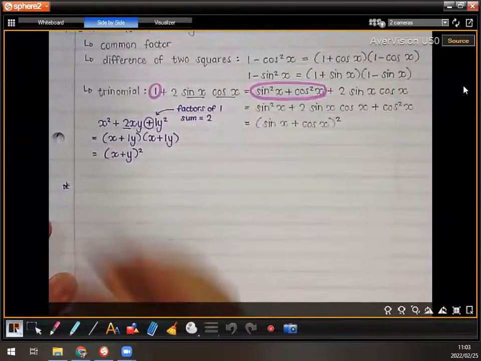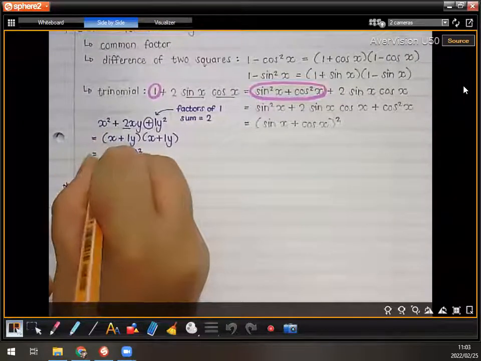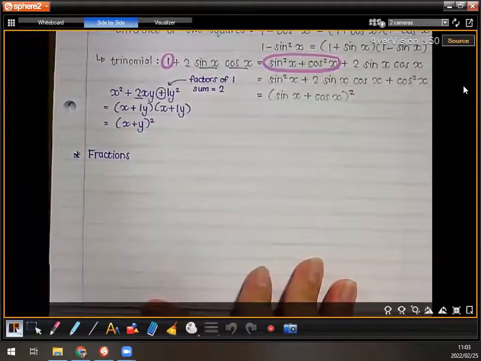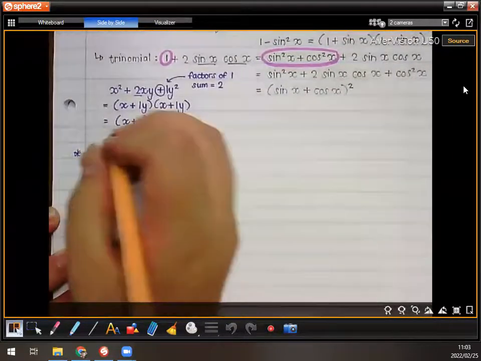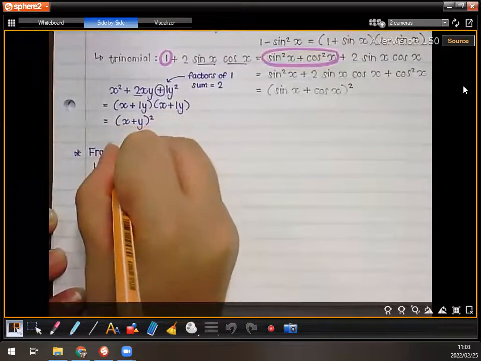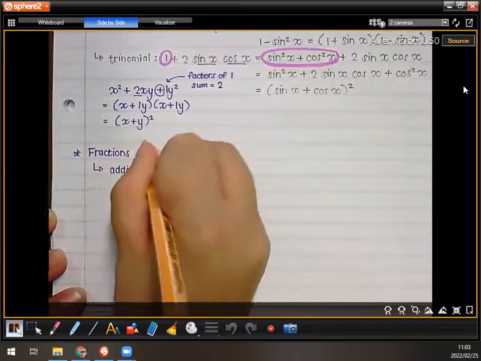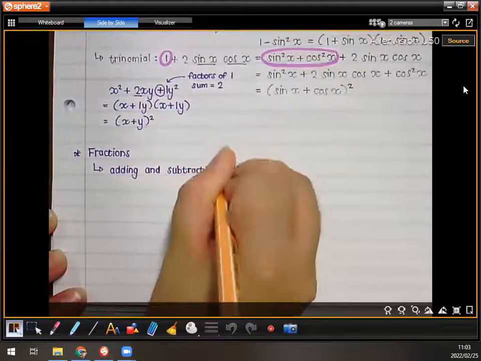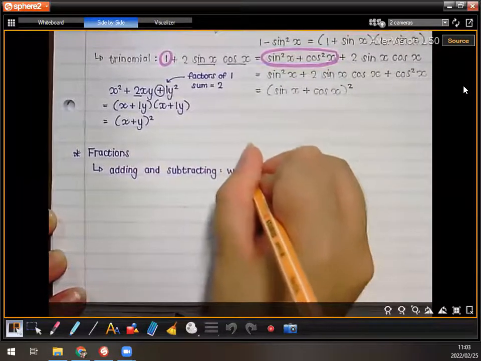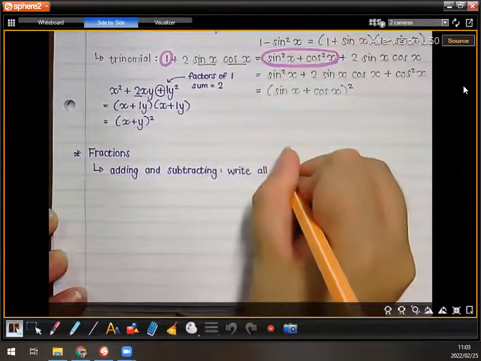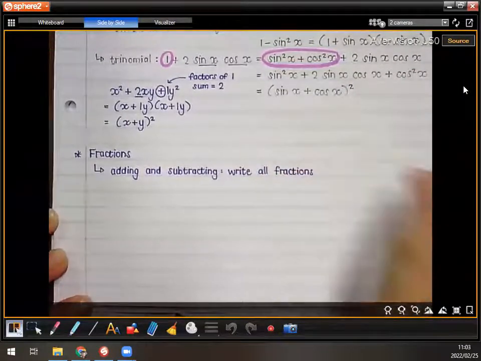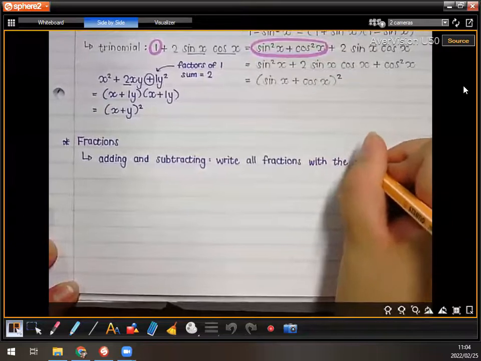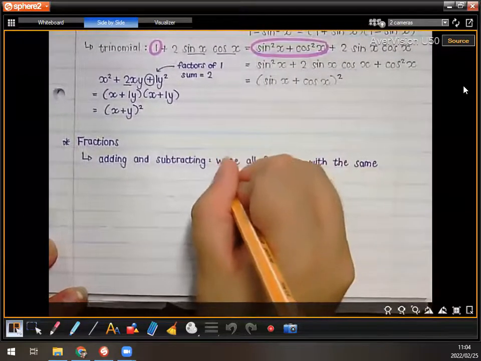When you are working with fractions, and that's quite a common thing in identities as well, if you are adding and subtracting, you need to write all fractions with the same denominator, and we call that the LCD.